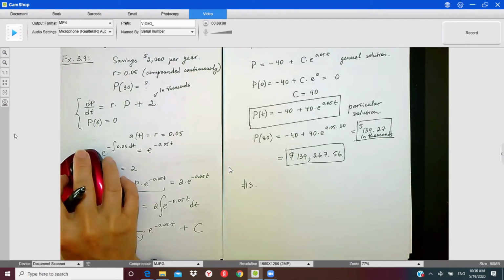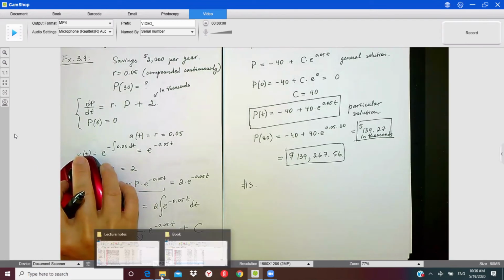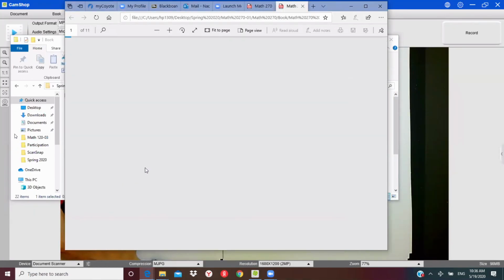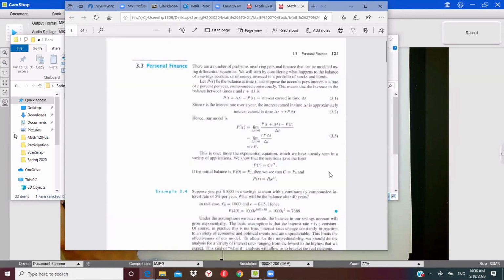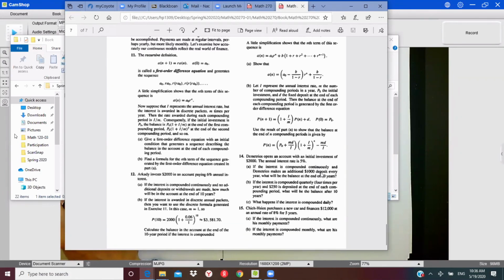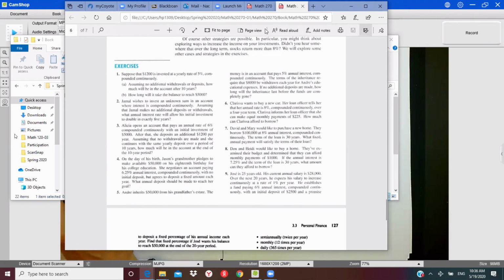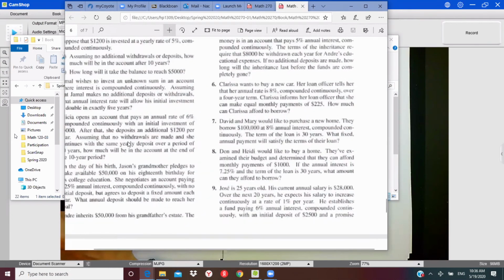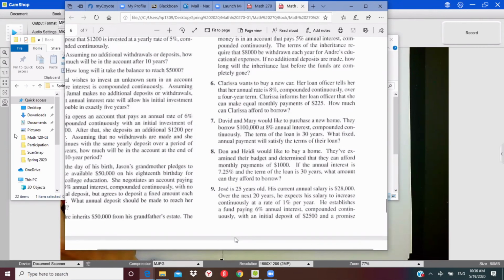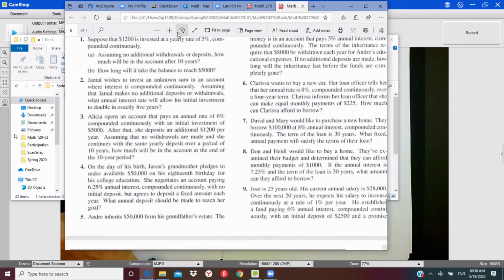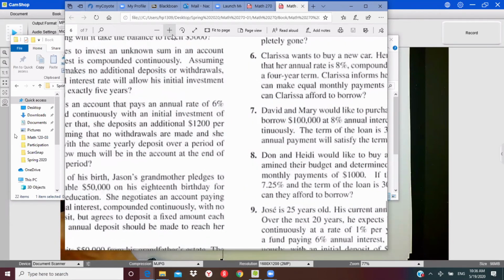From the text, let me display it on the screen. This is section 3.3. I'm going all the way to the homework problems. This is number 3 right here. So let me zoom in. Or you can simply open your textbook.